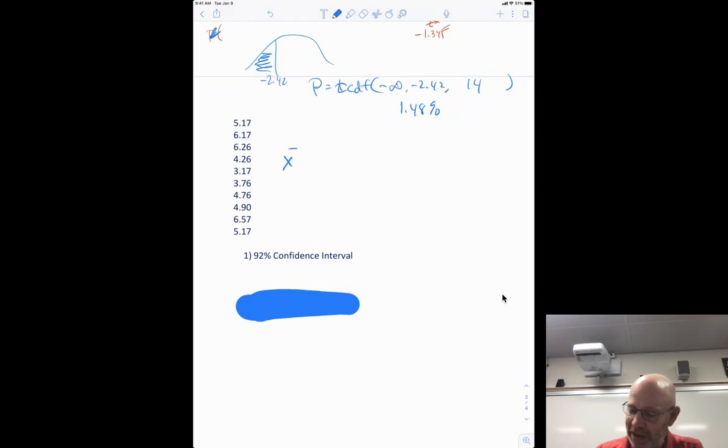So this actually had a mean of 5.019 and a standard deviation of 1.1. That just comes from one variable statistics. I don't really need to find those because I can do this all completely on my calculator, but just as a little review. And then if I wanted to do the 92% confidence interval, it'd be 5.019 plus or minus. So now I need that confidence level for 92%, which is a leftover 8%.